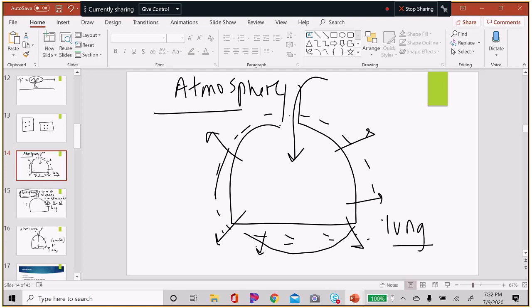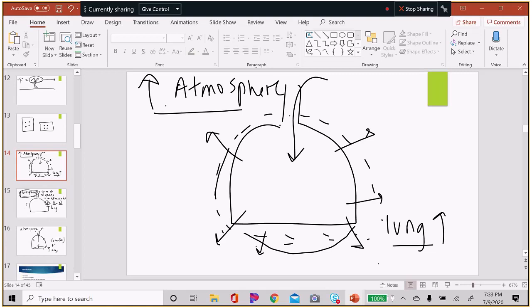Maybe there's more fluid in the lungs. Something that changes the pressure inside the lungs will make it more difficult. If the pressure inside the lungs is high because of some kind of pathology, then it's going to be harder for us to create the pressure difference between the atmosphere and the lungs.